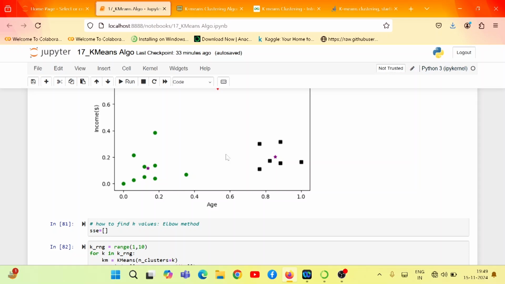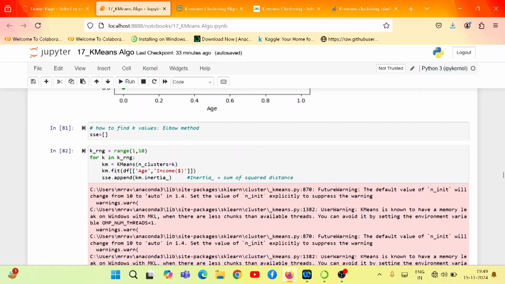Basically, in this technique, we draw a plot between the values of k and the sum of squared error, and we see where the elbow point occurs. This will give us the correct number of clusters into which the data should be grouped.